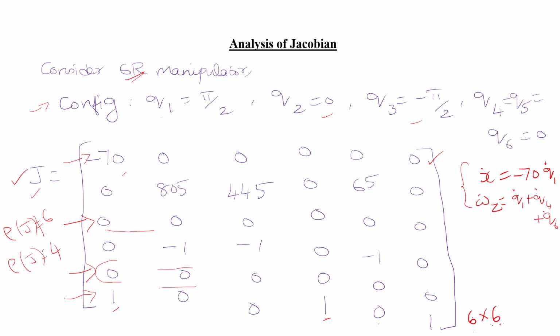So these cannot be modified instantly in this particular configuration, right? This is because the rank is reduced by 2 and there are two directions that are not allowed in many cases. So this is how we will analyze the Jacobian matrix.